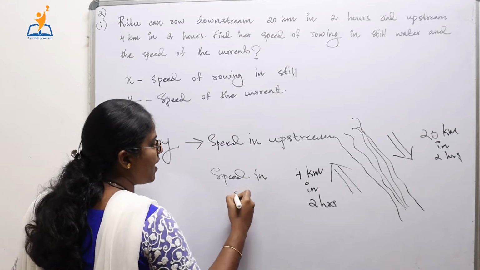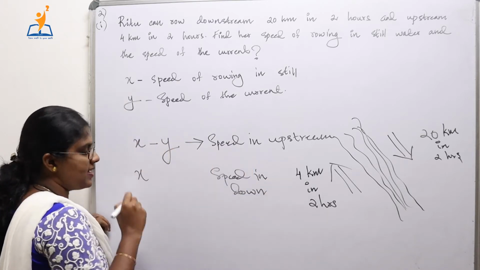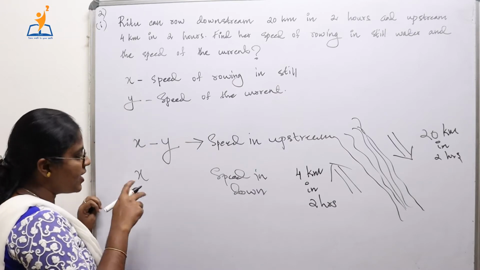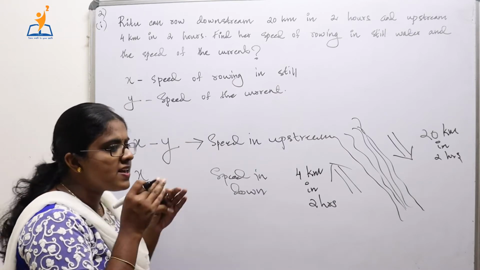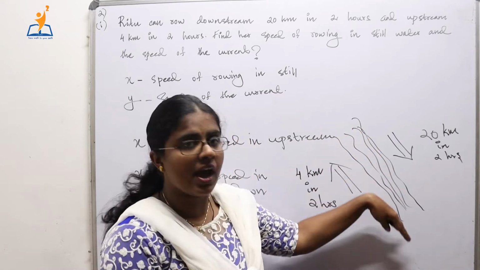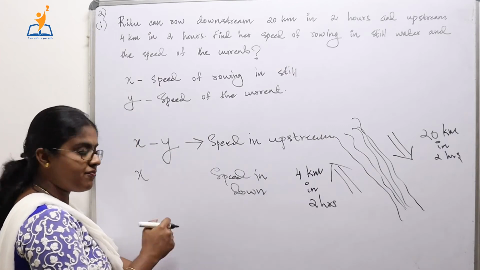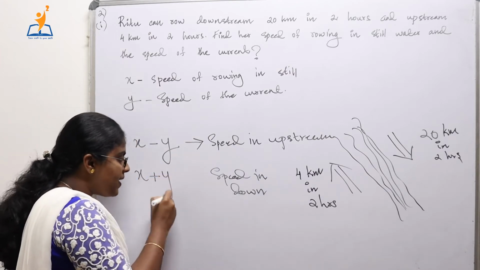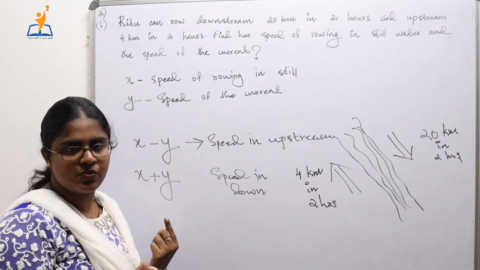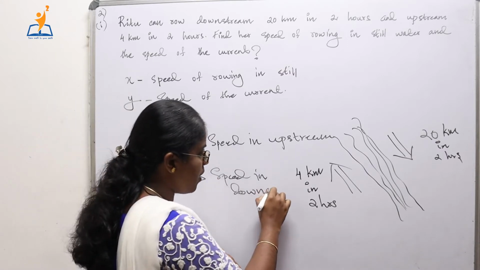Of course, she has the speed of still water, that is x. And she has one additional support, that is the speed of the current. So that is an additional benefit to her, so plus y. So x plus y is the speed in downstream.